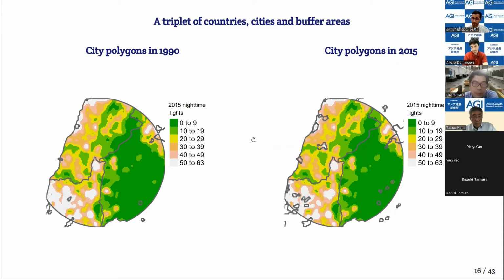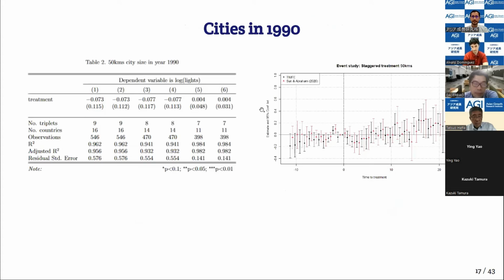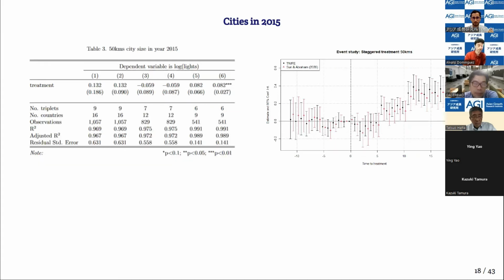And we can run the same regressions. Now let's take a look at this regression for cities in 1990, with a radius of 50 kilometers. We do not find any significance. However, when we work with data for 2015, we start to see what we were expecting. Coefficients that are not statistically different from 0 before treatment, meaning parallel trends, and statistically different from 0 a few years after treatment, so a few years after the regional trade agreement.